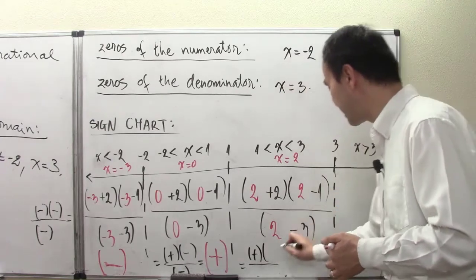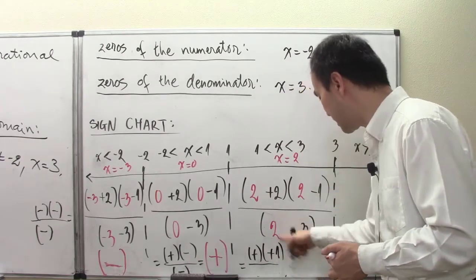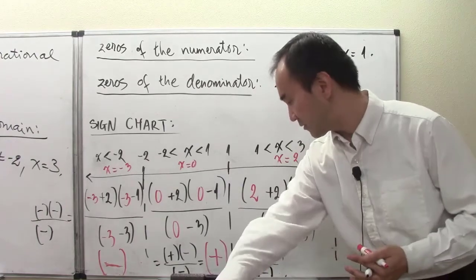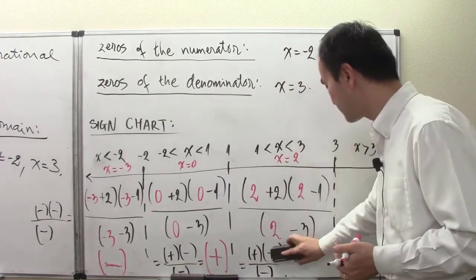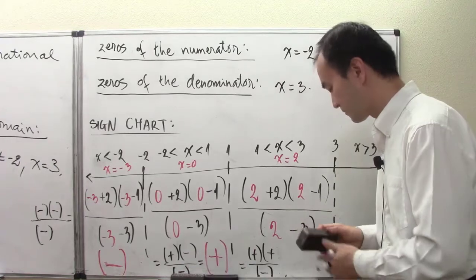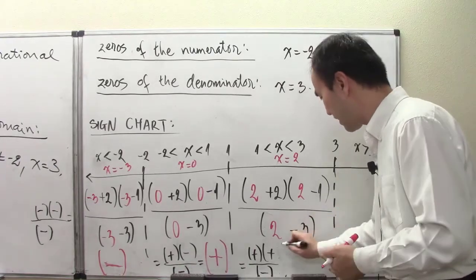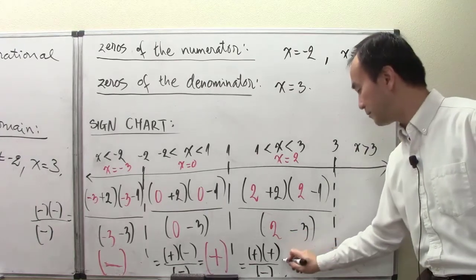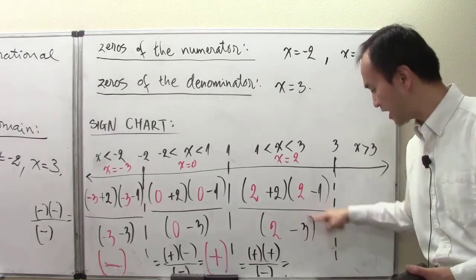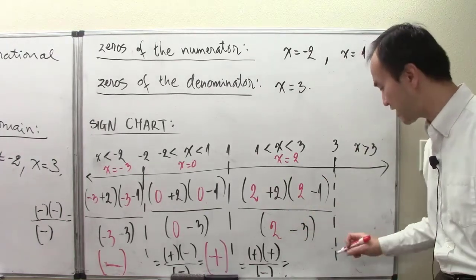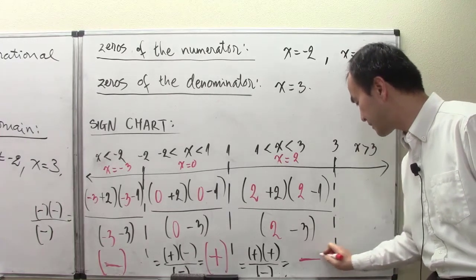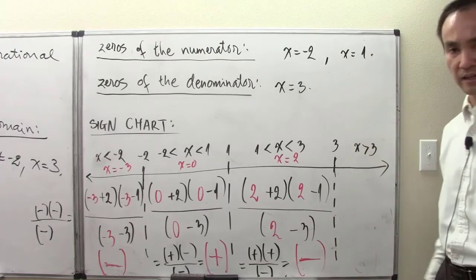Second factor here is another positive sign, but the denominator here gives me a negative sign. So now my overall sign of the entire rational expression here must be negative. It's negative like that.